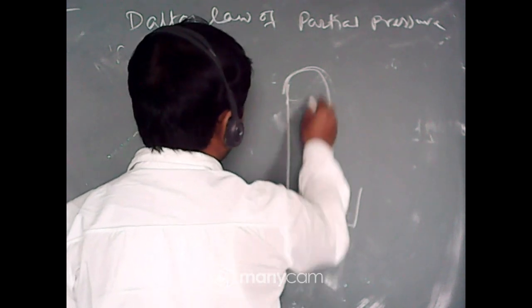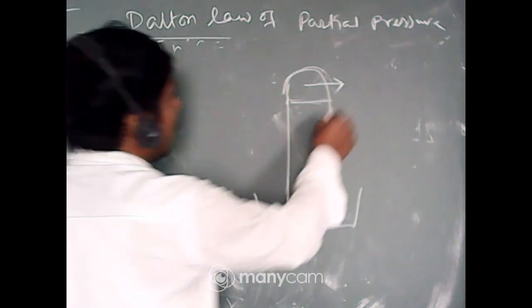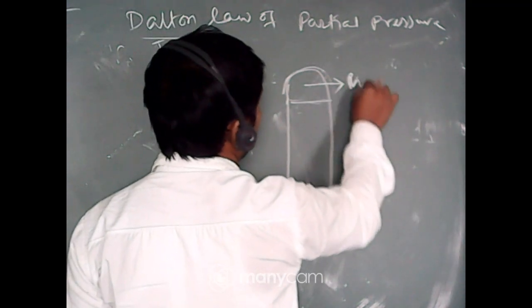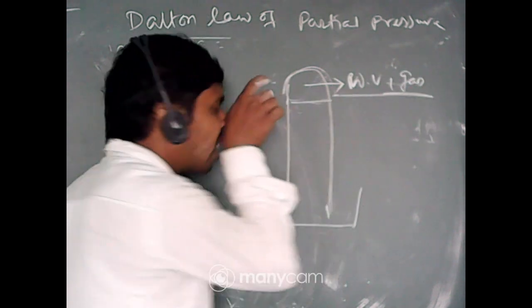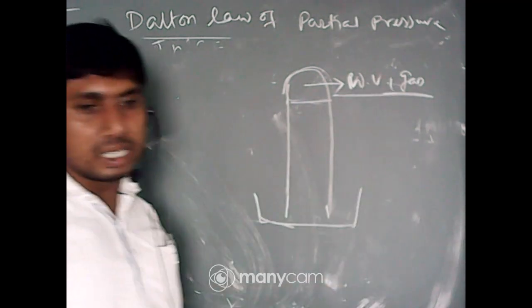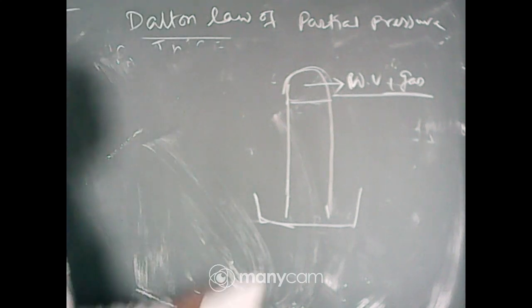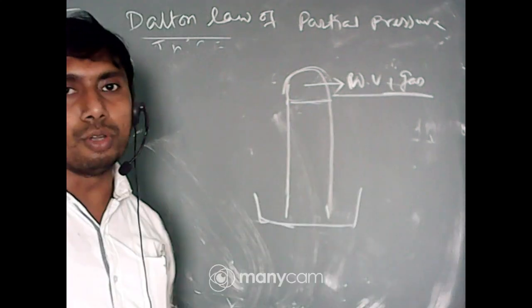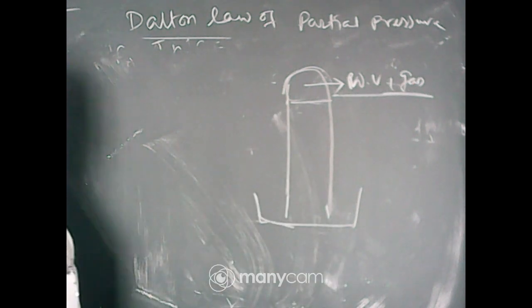So this part contains the water vapor plus gas. So what is the pressure of the gas? From there we will calculate the mass of the gas produced, because there is a direct relation from pressure to mole fraction.